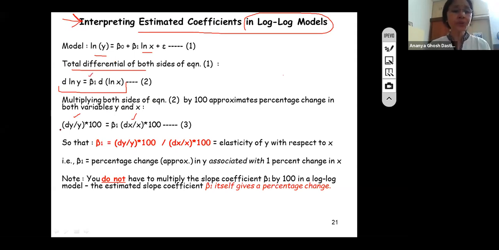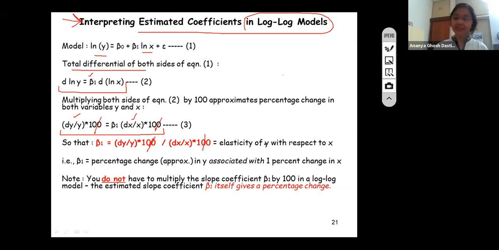So now what do you have? Now you see, if you are multiplying both sides by 100, then you are getting a percentage change on both sides, right? And of course, this 100 will get cancelled. So beta 1 is basically dy by y upon 100 into dx by x upon 100, and the 100 gets cancelled.